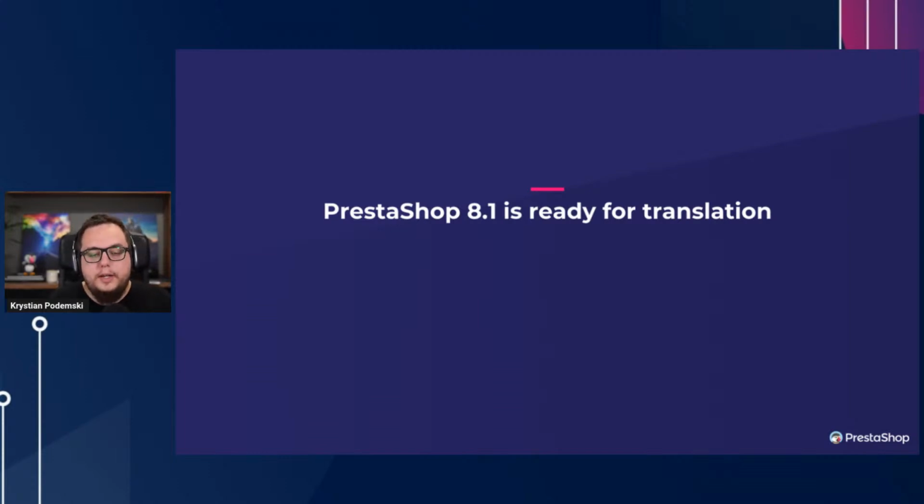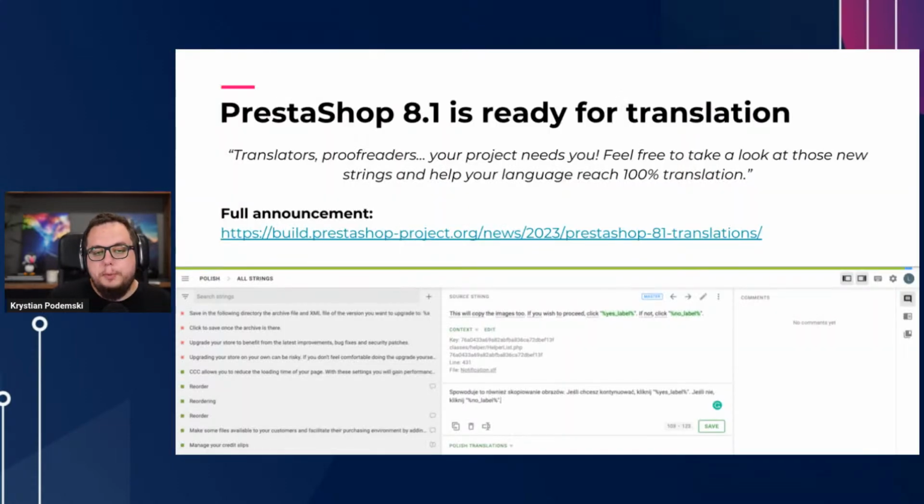And the next news is quite a big one, because we are getting closer and closer to the release of PrestaShop 8.1, and the next news is about translations. PrestaShop 8.1 is ready for translation. So if you want to start helping us with translating the project into your language, make sure to read the full announcement on the build blog. Leah, our content manager for the open source project, prepared a full article summarizing what happens next with translations for the project.